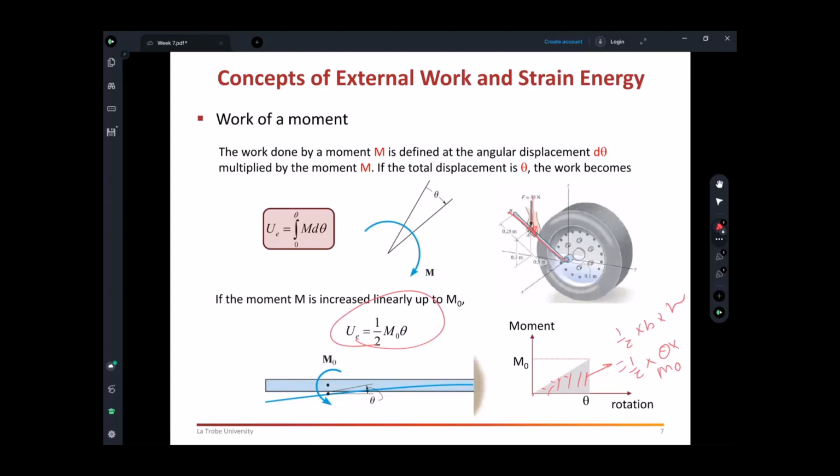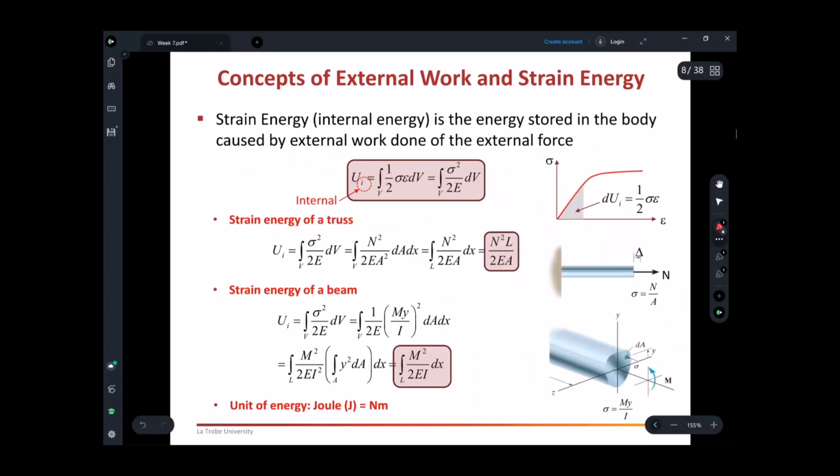It is exactly the same concept as in the last slide, where the load increases linearly and you have 1/2 times load times displacement. Similarly, the moment in the beam increases from 0 to some value m0 with a respective rotation theta. Therefore, we have 1/2 m0 theta.